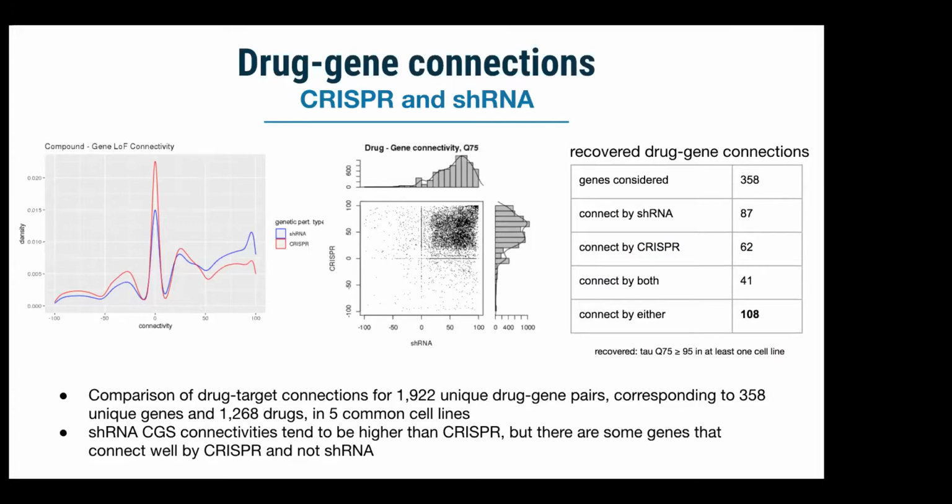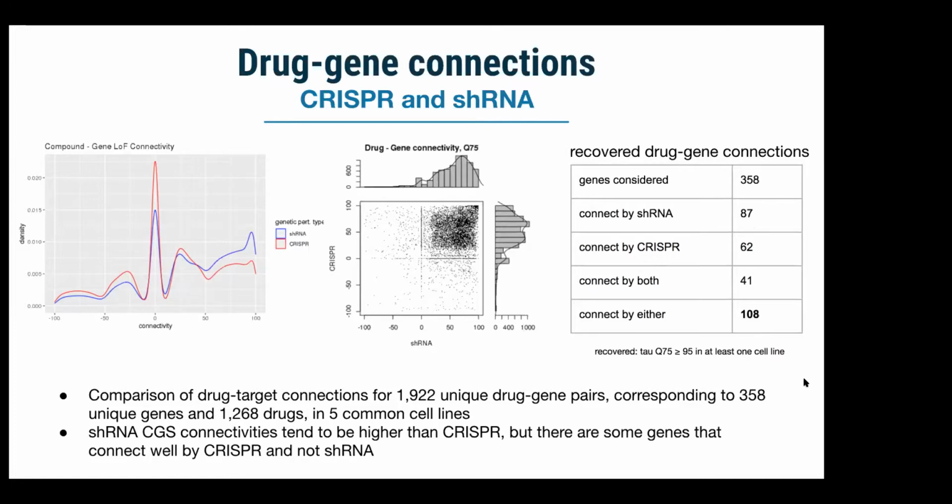Of this data set, we've got 358 genes that are targets of compounds, and we've profiled them by both shRNA and CRISPR in the same cell line. Of those 358, 87 connect successfully by shRNA and 62 by CRISPR, so a slight difference there. 41 connect by both, so there is some enrichment for commonality in this very upper right portion of the plot. But there's 108 that connect by either.